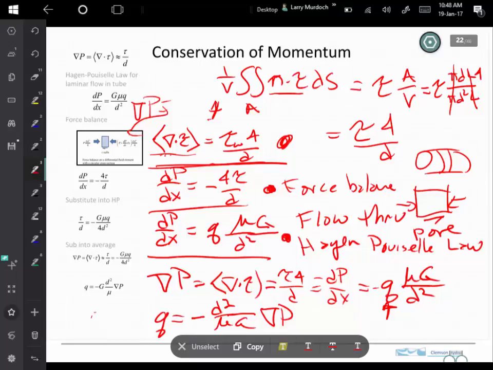Okay? So after all of that, we end up here. And what this says is that the flux is proportional to the pressure gradient. And the proportionality depends on the diameter of the pores squared, the geometry, and the viscosity of the fluid.